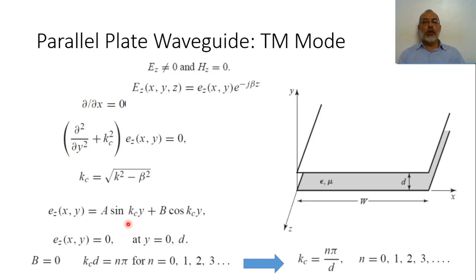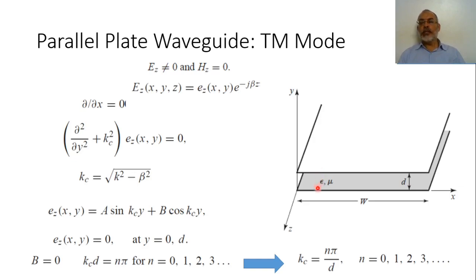Now, by applying the boundary conditions, the boundary condition in our case is that the tangential electric field on the perfect electric conductor is 0. Effectively, Ez, E in that direction, is tangential to the lower plate, as well as it is tangential to the upper plate.